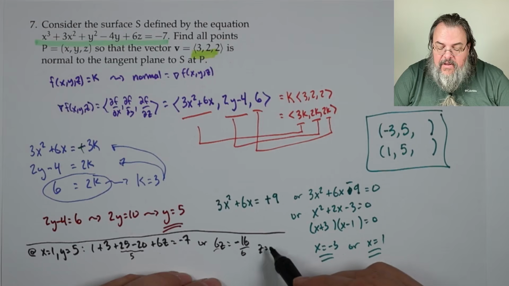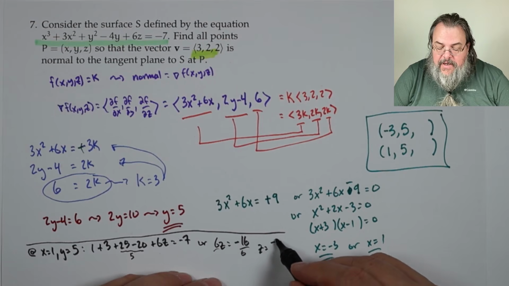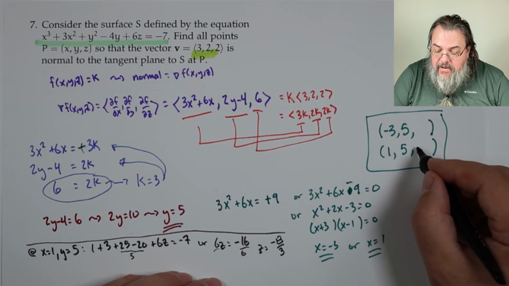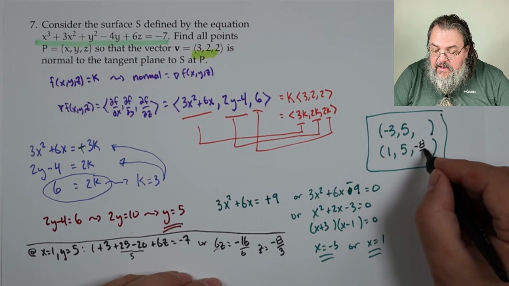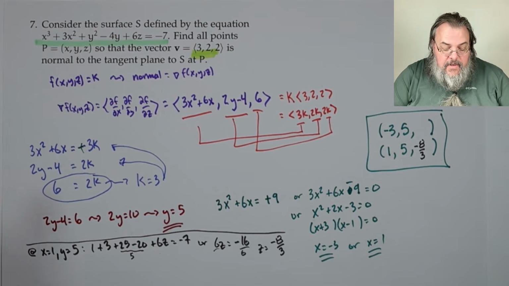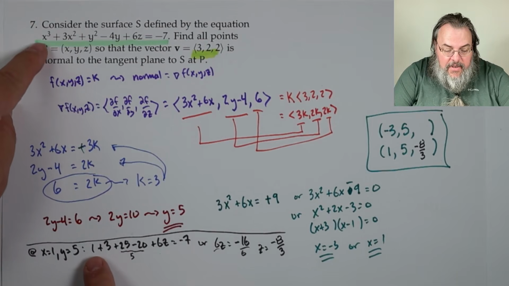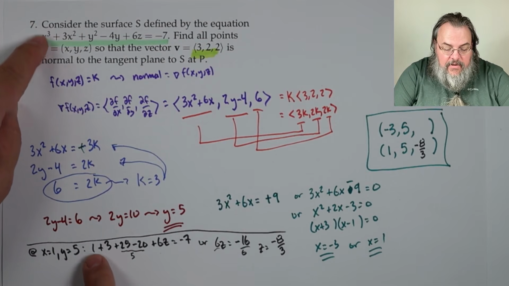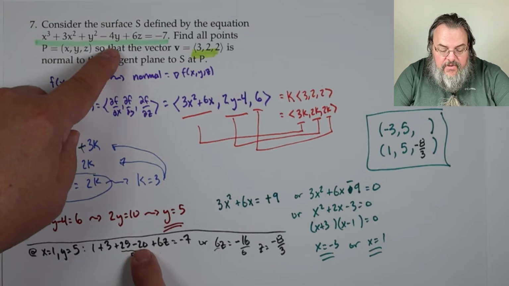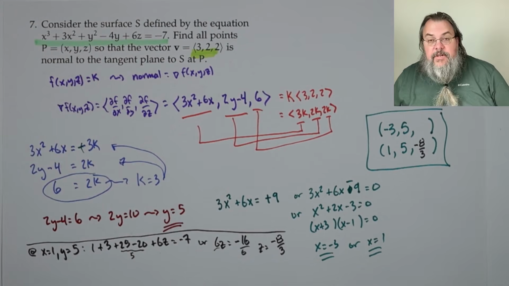So z is negative 16 divided by 6, which, taking out a factor of 2, is negative 8/3. That gives us our last entry, negative 8/3. I'm a little bit paranoid here, so I'm going to double check. Plugging in x equals 1, 1 plus 3, y equals 5, 25 minus 20, yep. That's good.